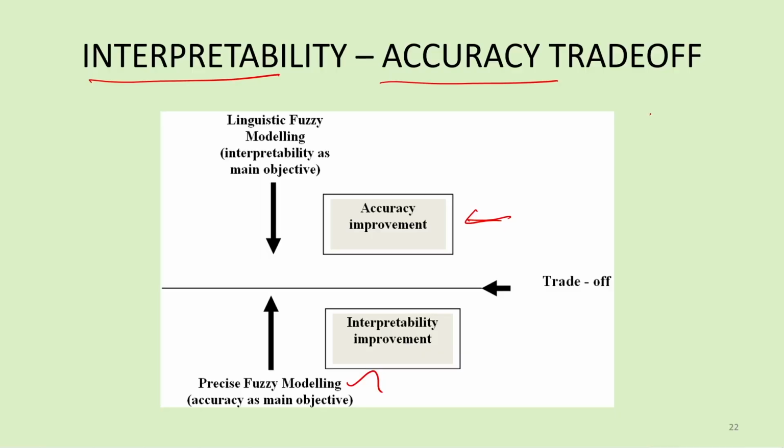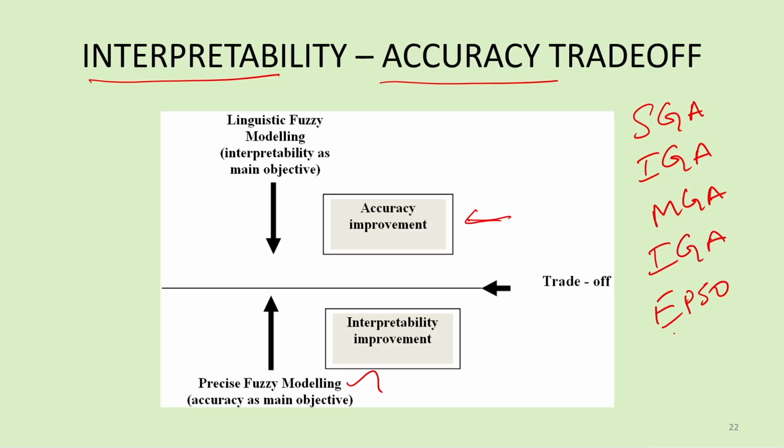So we tried a lot of combinations. What are those combinations? We tried simple GA, improved GA, mixed genetic algorithm, IGA, EPSO, GSA, and AB.